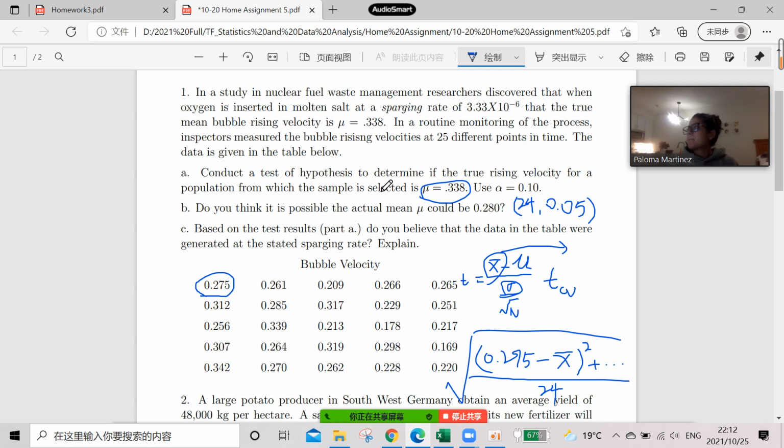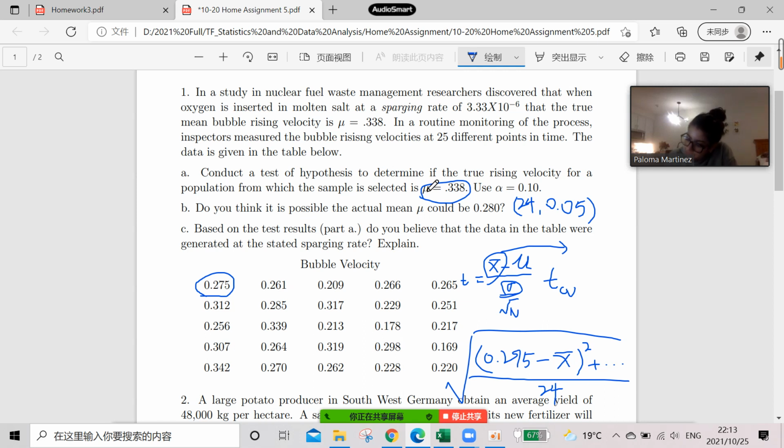And my alternative hypothesis is mu not equal to 0.338, right? Because at first glance of those 25 data points, I have no clue what my mean is. You have already calculated this x bar, and you get something like 0.2-something, which is smaller than the mu we want to test.